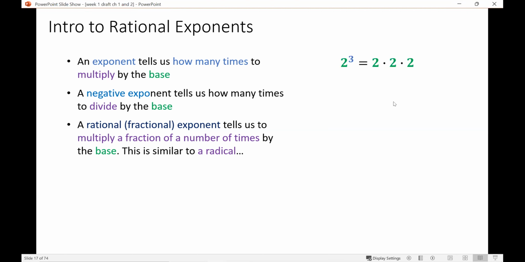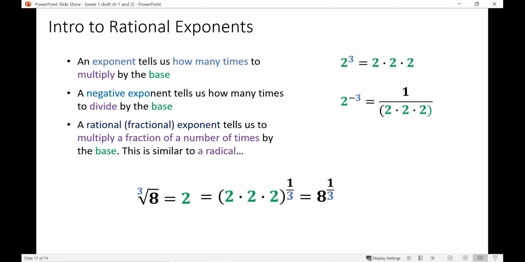We've got 2 to the third means 2 times 2 times 2. To the negative third means 1 over 2 times 2 times 2. All right, so we've got that our cube root of 8 is 2. What that also could mean is that if we have 8 raised to the 1/3 power, we are saying multiply by 8 1/3 of its factors times.